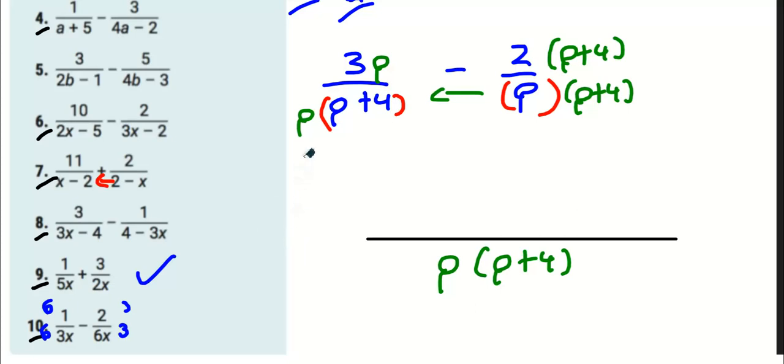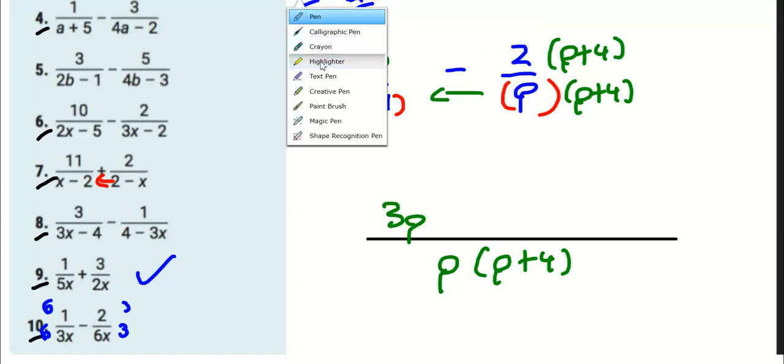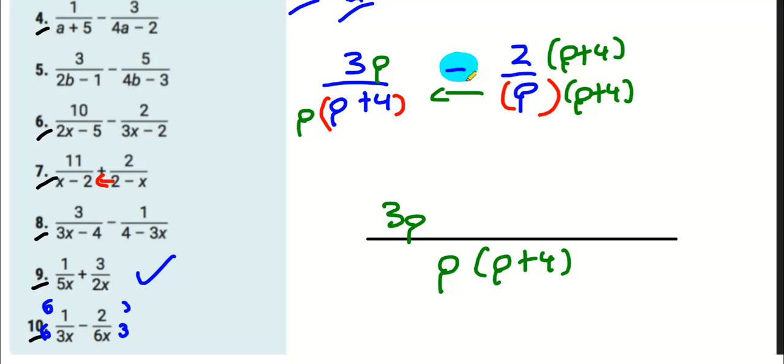Now, next thing. That's 3P. Happy days. What happens when you, here's the awkward part. That minus, who does it belong to? It belongs to the 2. And then what happens when you multiply that in, TC? What do you get? Minus 2P minus.